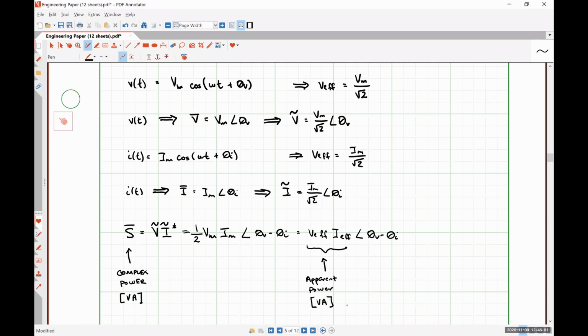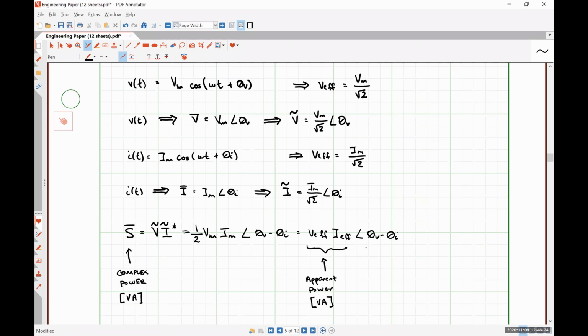So it can supply some reactive power if it needed to drive an inductive load like a motor or something like that. But typically speaking, you might buy a 1.8 kilowatt generator, it might be rated for 2100 VA or something like that. That's telling you effectively how much reactive power you could also supply with it.